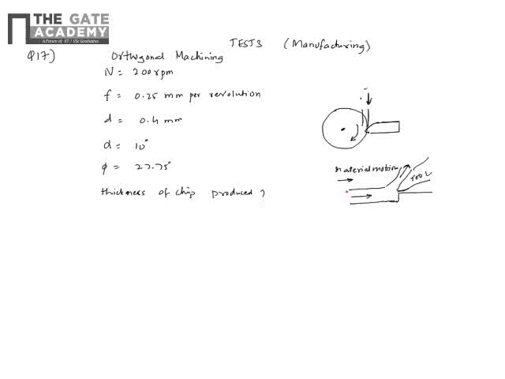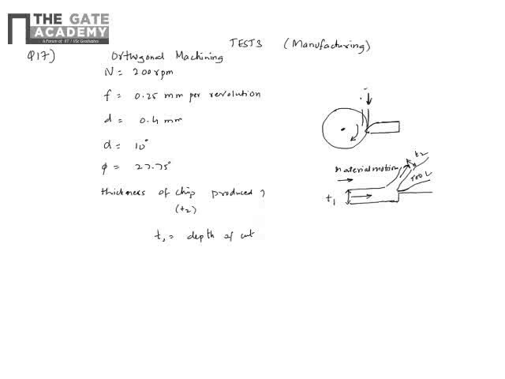This is basically the depth of the cut, the depth up to which the cutting tool has to remove material in one turning operation. So that is your depth of the cut, which is T1, and T2 is the thickness of the chip produced. So this is T2. T1 is your depth of the cut.